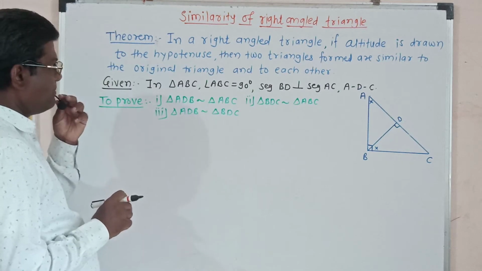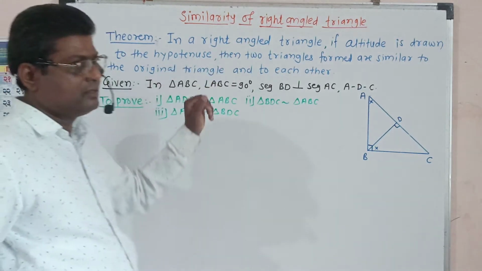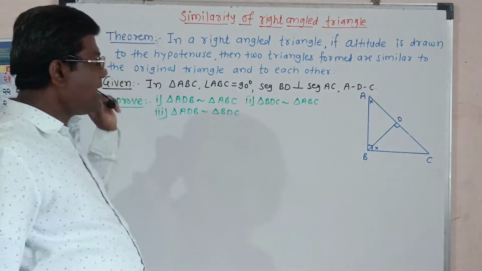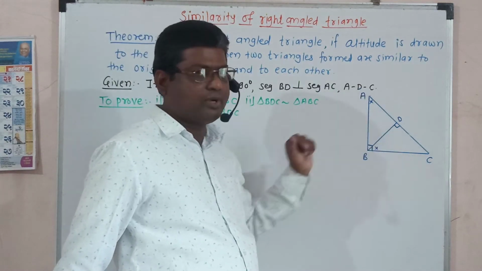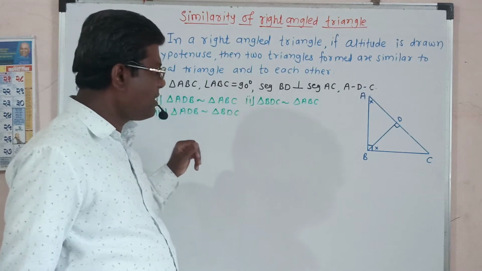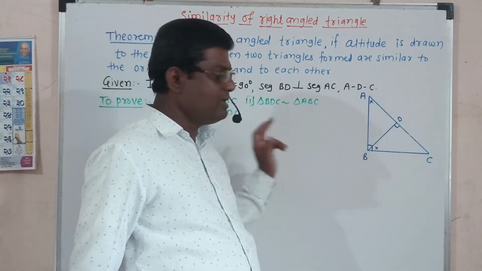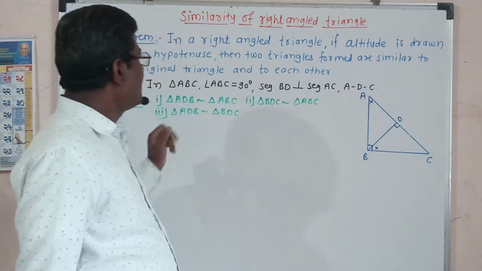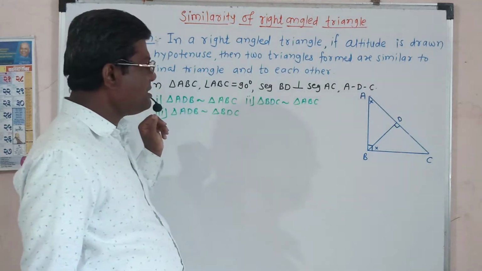So statement of theorem is, in right angled triangle, if altitude is drawn to the hypotenuse, BD is altitude drawn to the hypotenuse AC, then two triangles are formed. Which two triangles are formed? Triangle ADB and triangle BDC. Two triangles formed are similar to the original triangle.